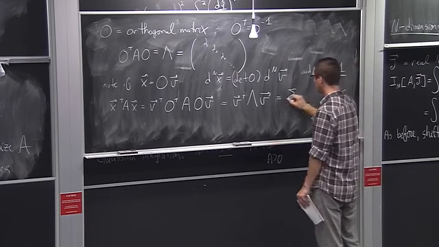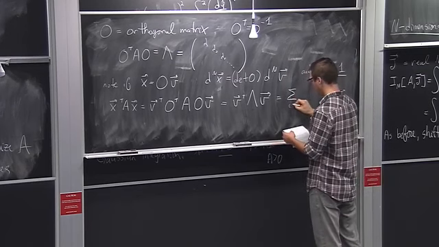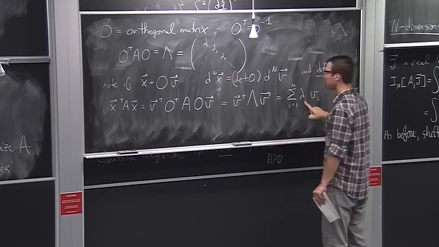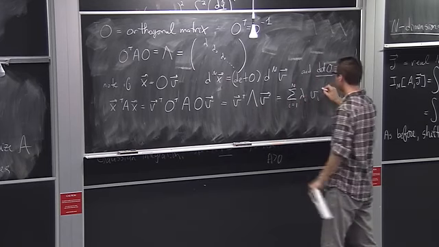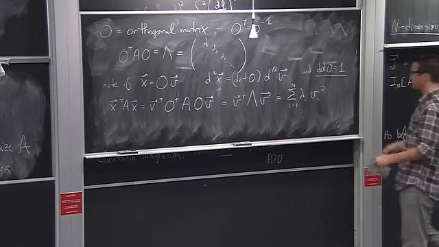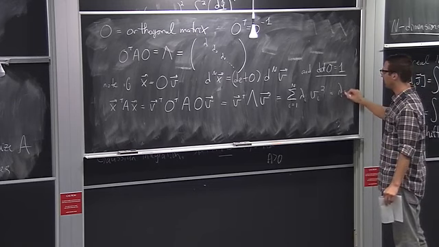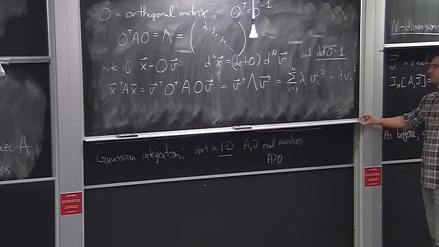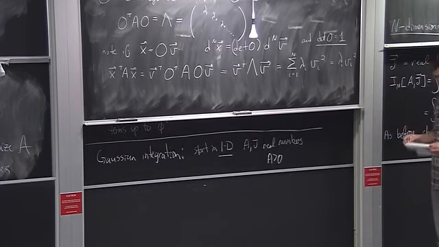All right, so I'll write the sum explicitly. You're summing over repeated indices. You have all the eigenvalues, and you have V from each side. So it's lambda V squared. And in summation notation, just lambda_i V_i squared. That's it. You're done.